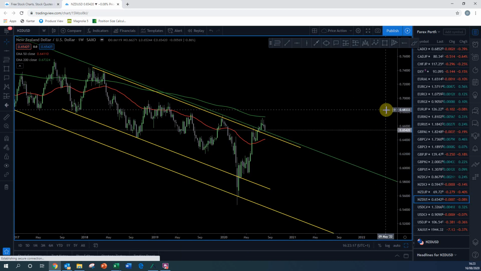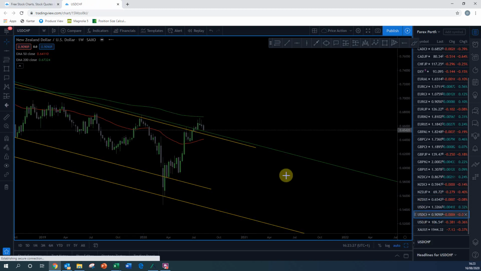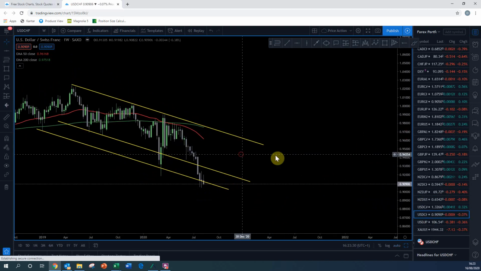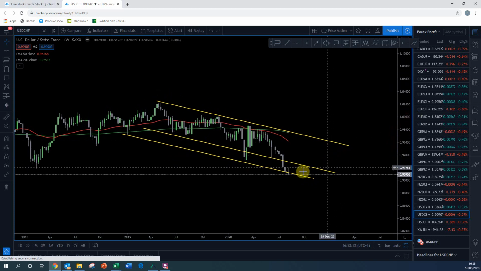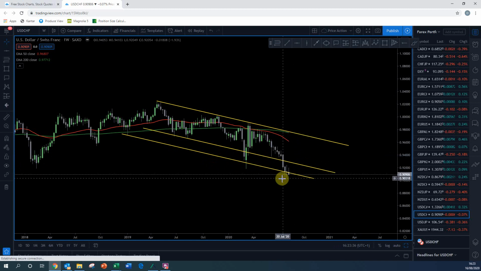The Swiss franc actually is a very similar picture in a way, but the opposite, where if we look at the major pair for USD CHF, I've done a couple of videos on this already and suggested that we could be seeing a reversal point around these levels.